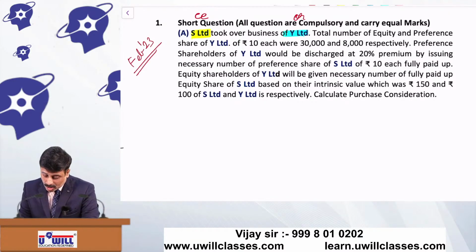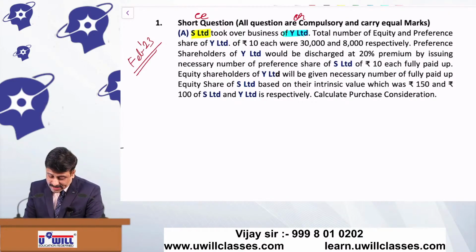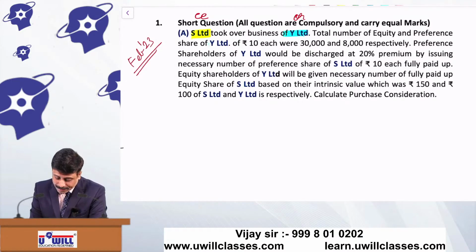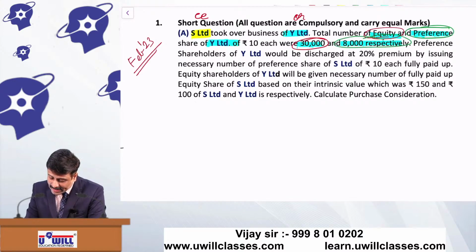Y Limited's equity shares and preference shares of 10 each were 30,000 and 8,000 respectively. You can say equity shares are 30,000 and preference shares are 8,000.